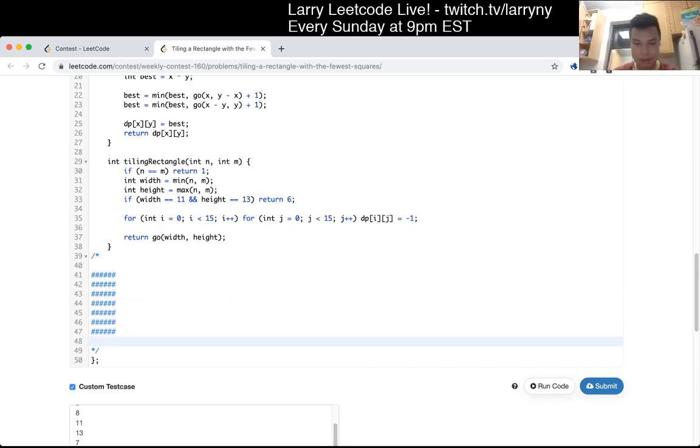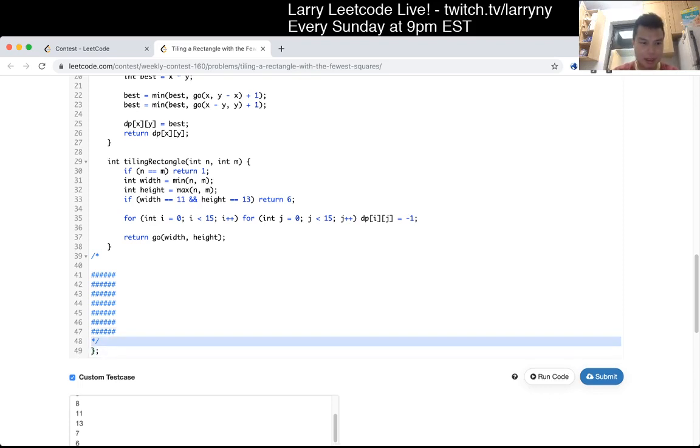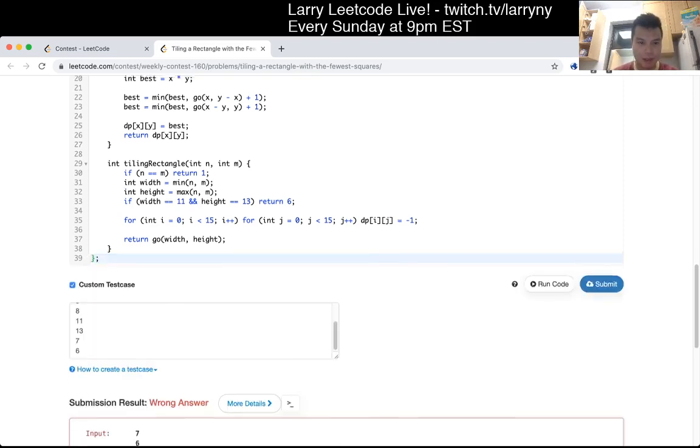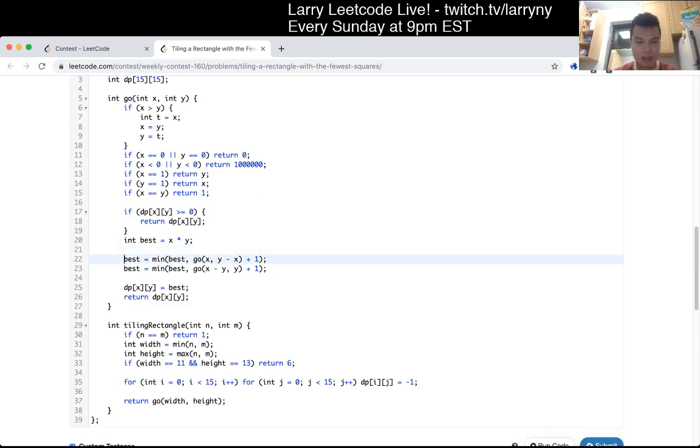Oh, wait, I'm missing some cases. That makes sense, actually. Okay, so what we actually want is, instead of cutting off the biggest square, you do something like x. No, that's.